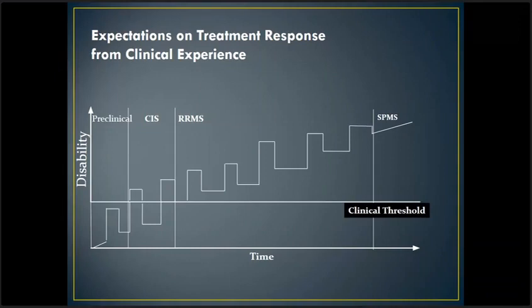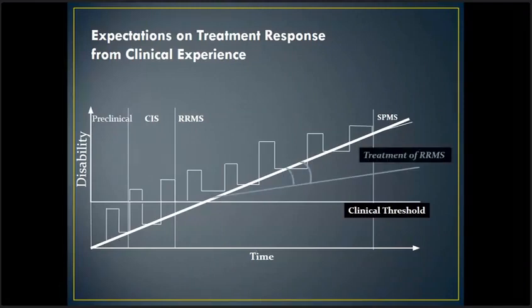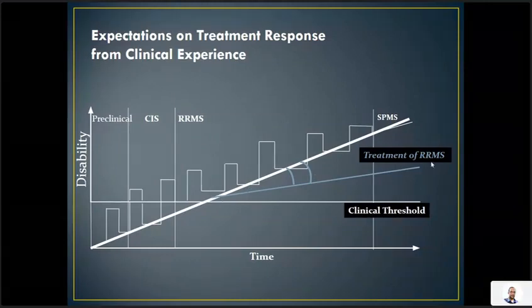We have the course of multiple sclerosis that I mentioned, but the expectation of treatment response on clinical disability: in the pre-treatment era, the progression was like this line. Later on, when we started to treat patients in the relapsing-remitting stage, the line decreased.